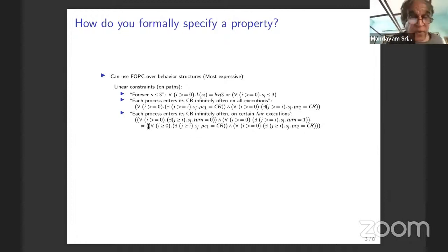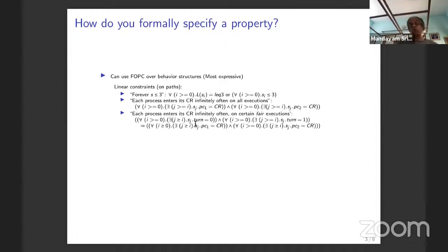So here I'm stating that each process enters its critical section infinitely often, only on certain fair executions. By fair execution, I mean those paths in which turn is equal to 0 happens infinitely often, and turn is equal to 1 happens infinitely often.